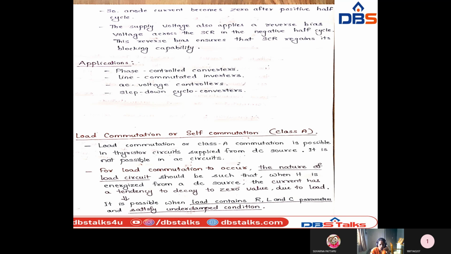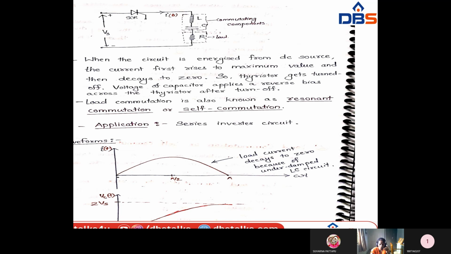Okay. And next, this is the load commutation circuit. Here the thyristor is connected with an inductor, capacitor, and resistor. When the circuit is energized from DC, the current first rises to a maximum value and then decays to zero.